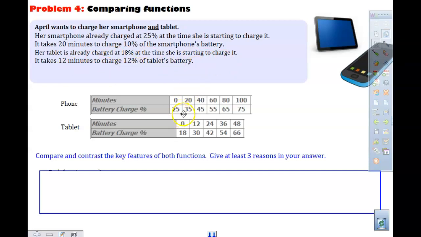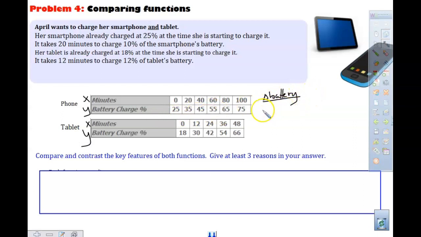So you can see this table. As we look at the phone, we're talking about our minutes, 0, 20, 40, 60, 80, 100 minutes, and the percent that our battery is charged. If we look at the tablet, we have minutes and battery charge. Now, here's the key thing: you might want to think of this as the change in your battery. If we think of this as X and this as Y, minutes and Y, the change in battery means that we're subtracting two of our Y coordinates.